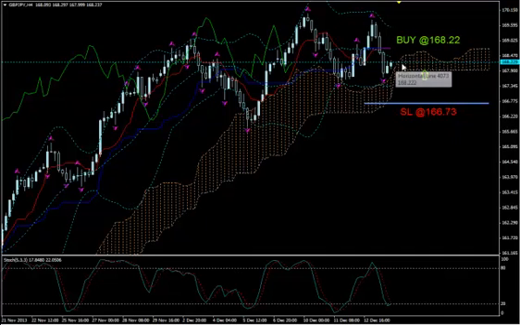The markets may open with a small gap. Regardless of that, you may want to wait for a couple of hours after the markets open to make sure that the move is going upwards. If you see everything looking bullish, you can enter long, you can buy at 168.22 or a bit lower.